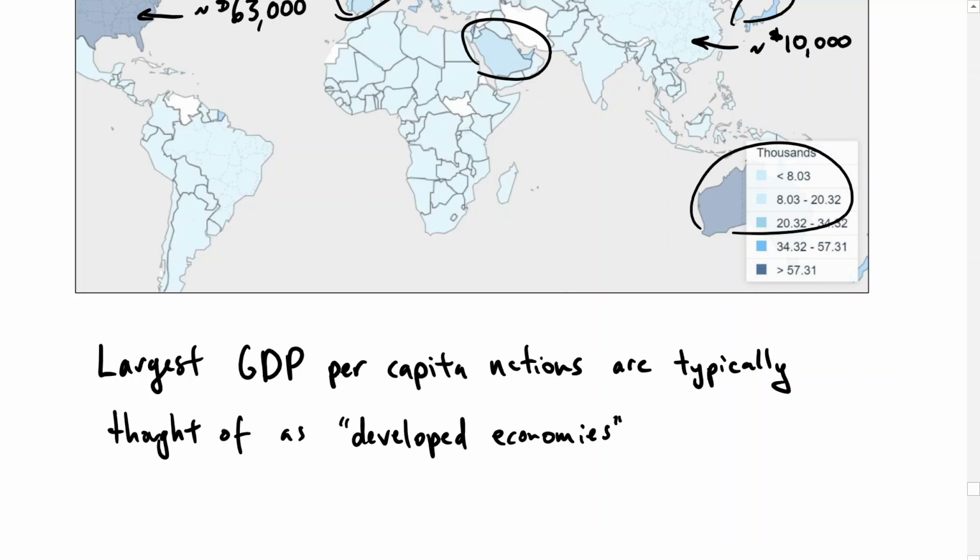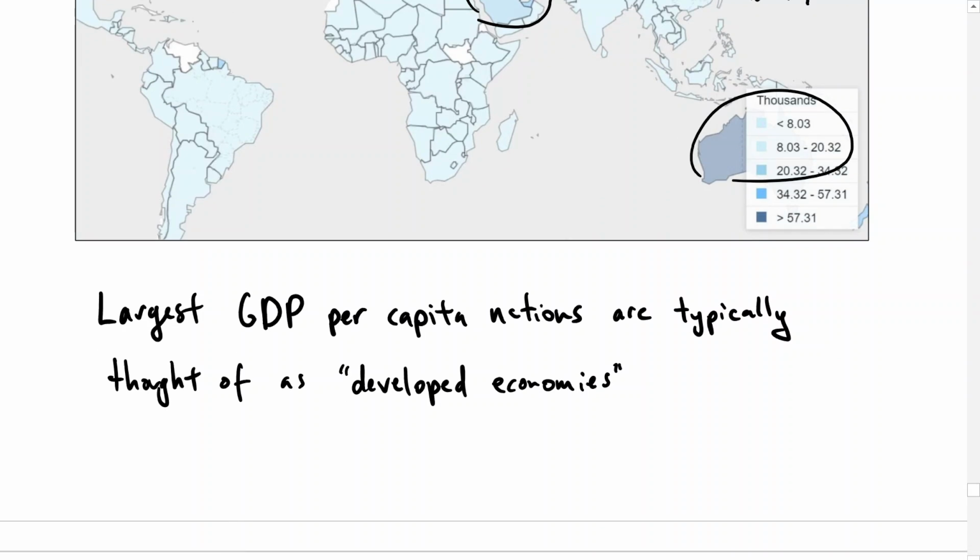So United States, Western Europe, Canada, and so on and so forth. But also, most of these rich countries are getting their wealth from oil, rich and small nations.